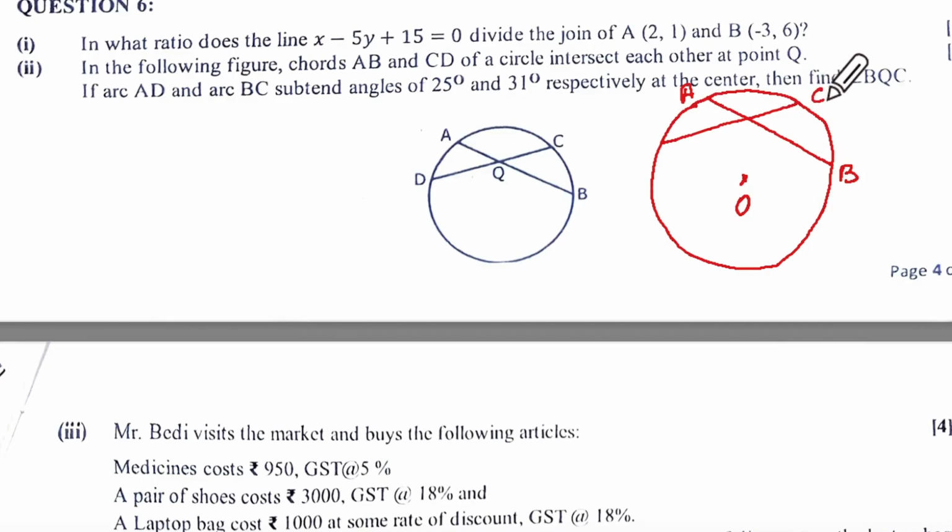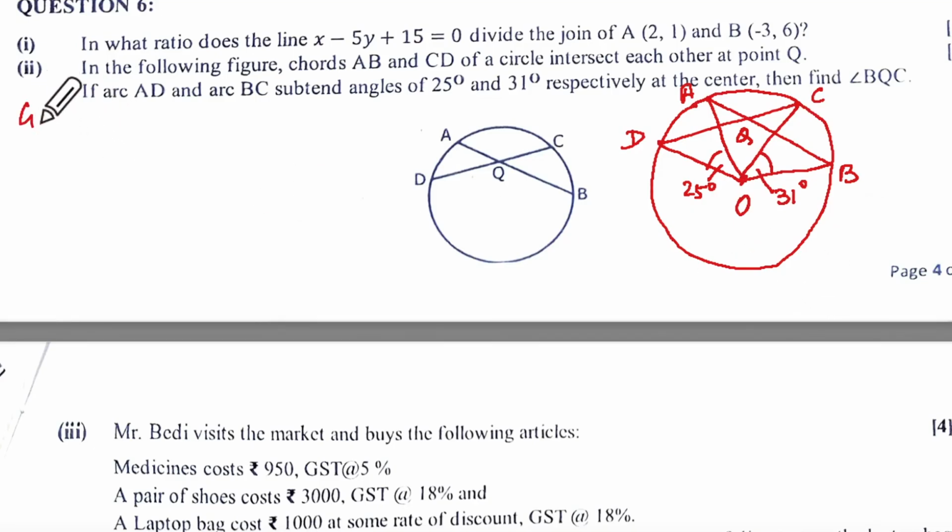Okay, so this is your C and this is your D, and this is point Q. They are telling you that arc AD subtends this angle at the center. This is 25 degrees. And the BC arc at the center is subtending this. This is 31 degrees.